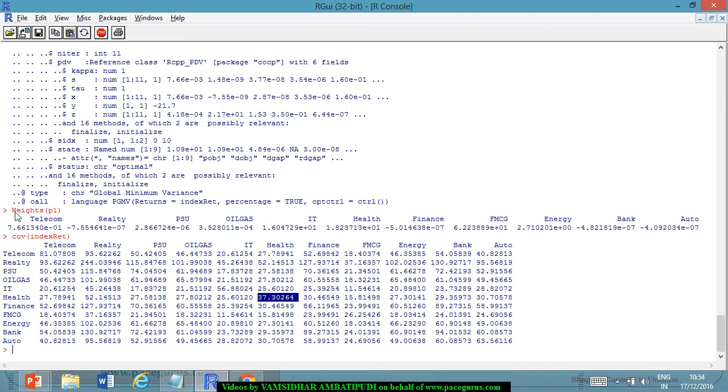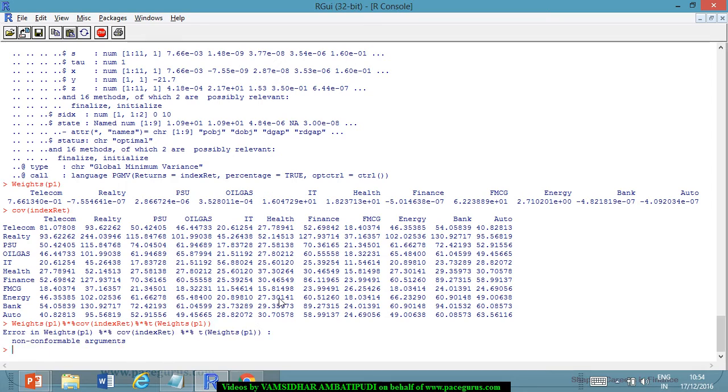I can take the weights of P1 and do a matrix multiplication with the covariance of the index returns. Whatever comes out, I again do a matrix multiplication of that with the transpose of the weights of P1.